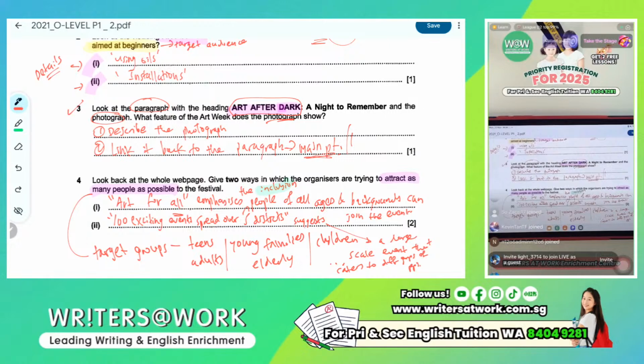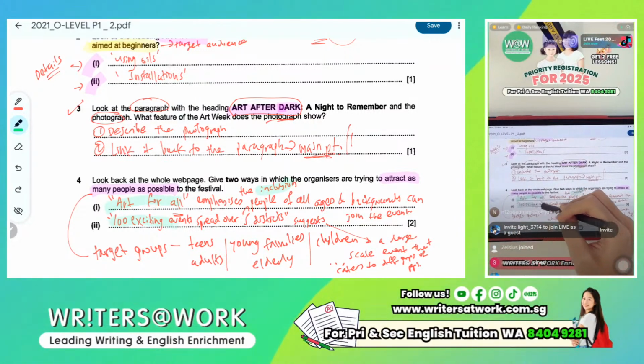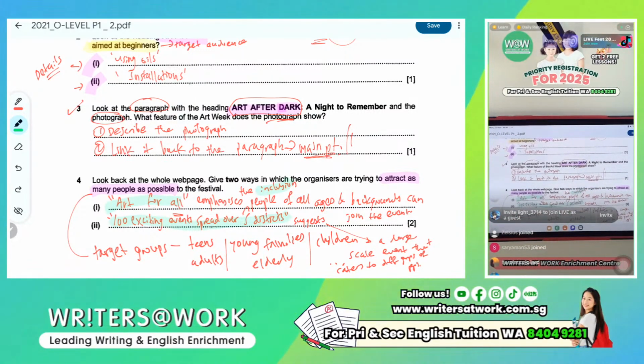Okay, you see, the idea is after you give that kind of evidence from the text, you need to link it back to the question. Because the question is not about just what are the features, but in what they're asking, how the features can attract people. So there needs to be some mention about the method.